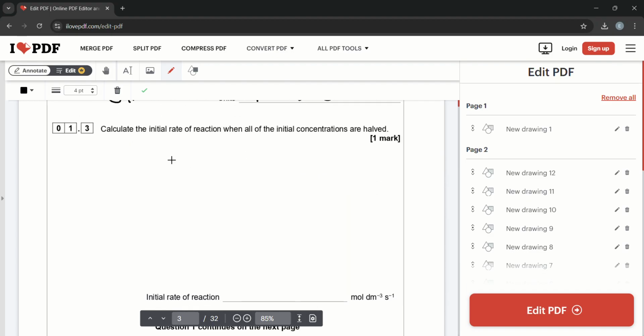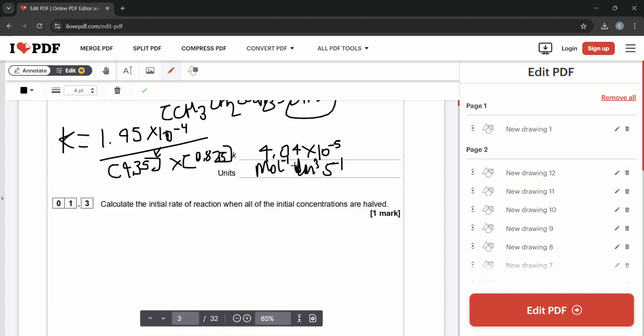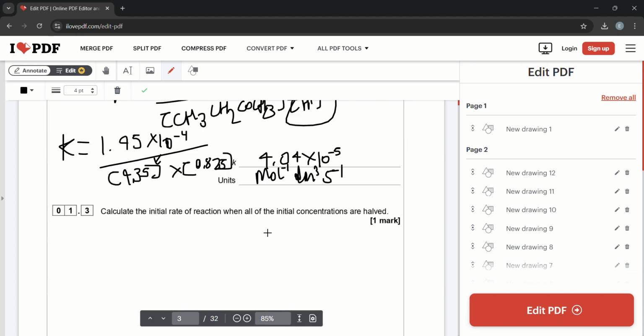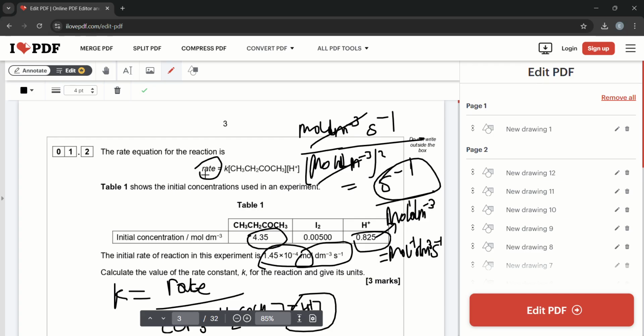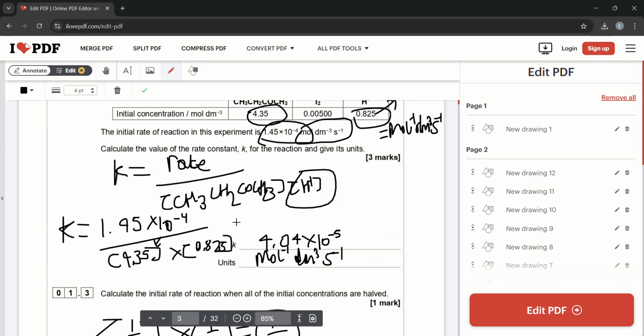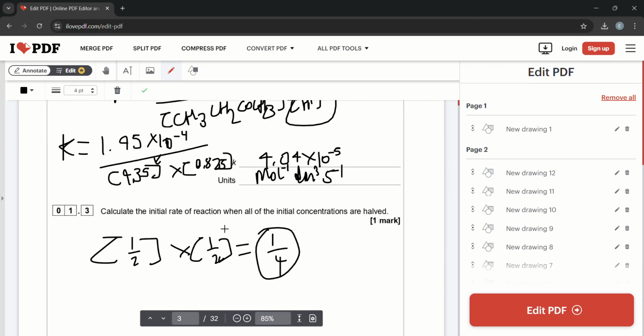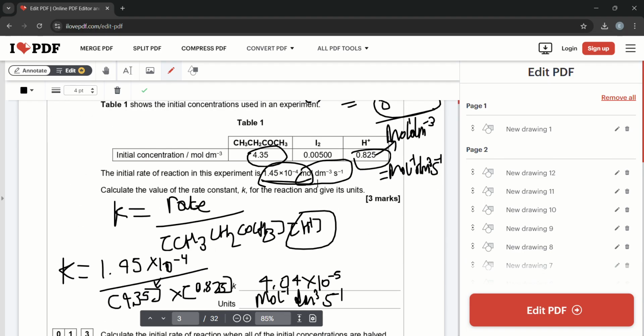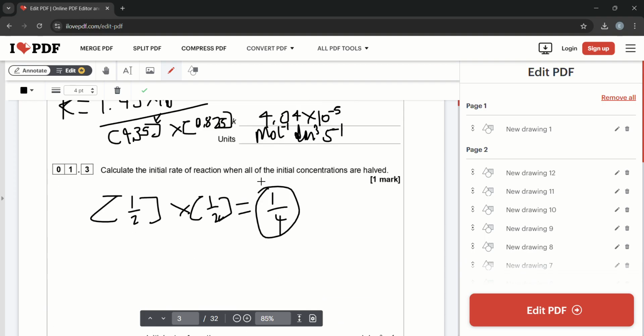Then it says calculate the initial rate of reaction when all of the initial concentrations are halved. Well, it's going to be a half times a half, which will give me 1 over 4, right? So what does that tell me? That tells me that the initial rate of reaction is going to decrease by a factor of 4.